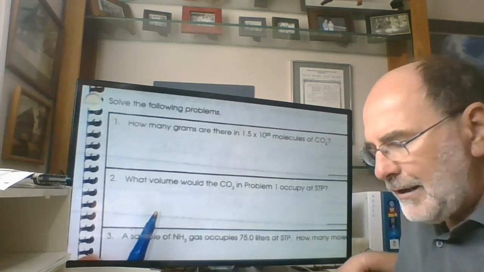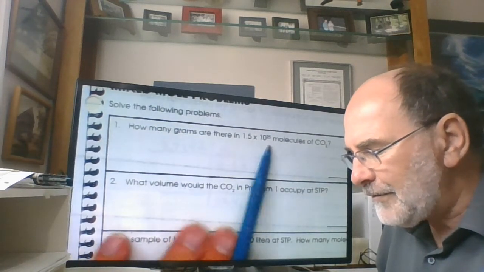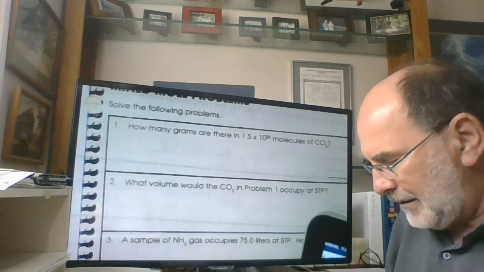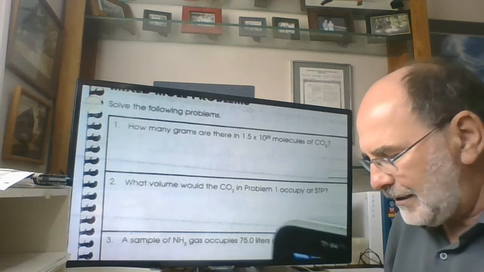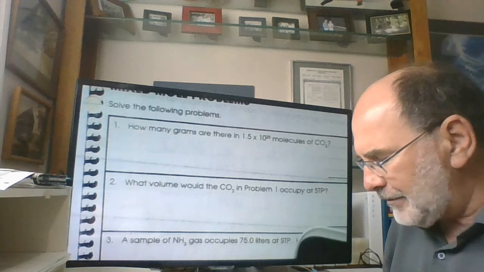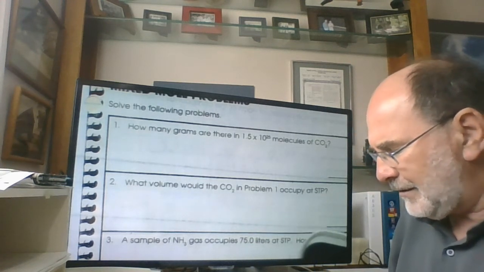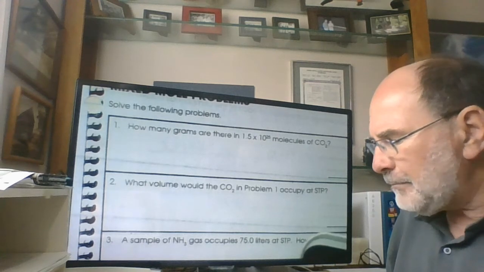The first problem was, how many grams are there in 1.5 times 10 to the 25th power molecules? Well, the answer is 1.5 times 10 to the 25th power divided by Avogadro's number. Now, did I store Avogadro's number in here? I think I deleted it. Nope, it's in here.